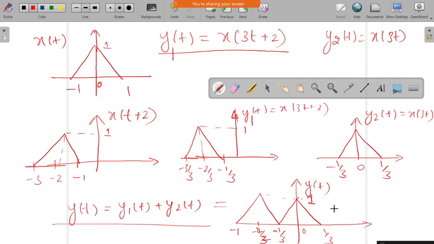Understood. Okay, so now one more type of problem they will ask. They will give the expression and tell you to sketch the signal in terms of the unit step function, something like this.